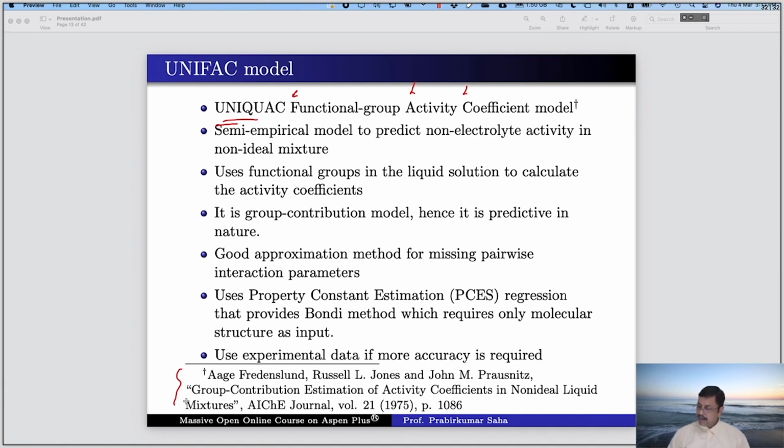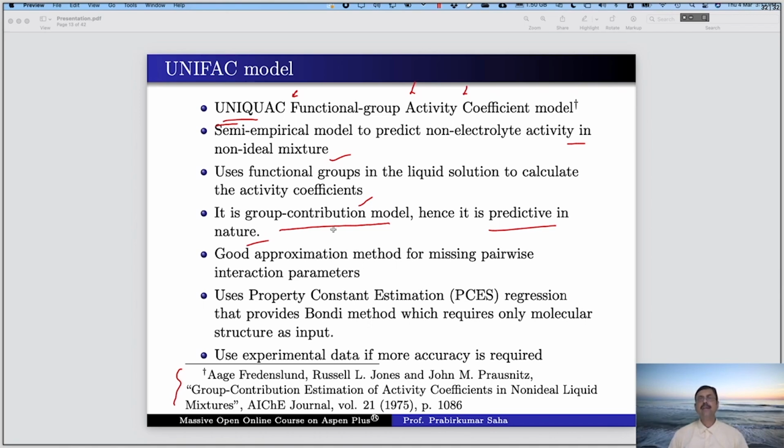It is a semi-empirical model to predict the non-electrolyte activity in non-ideal mixture. It uses the functional groups in ideal solution to calculate the activity coefficient, and it is a group contribution model, hence it is predictive in nature. So in many combinations, the direct interaction is not available.